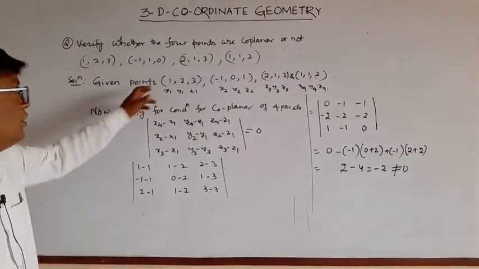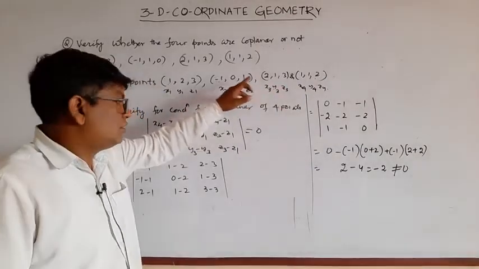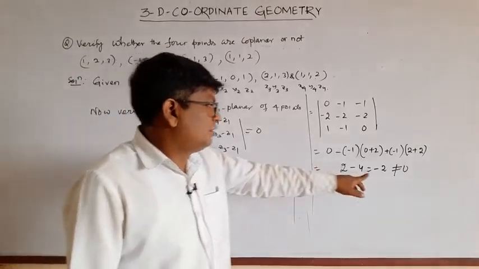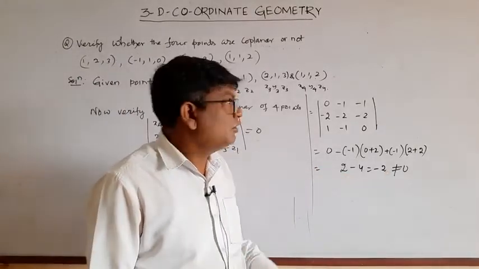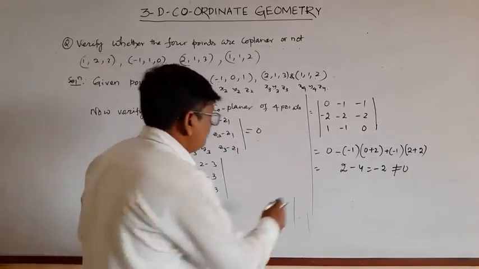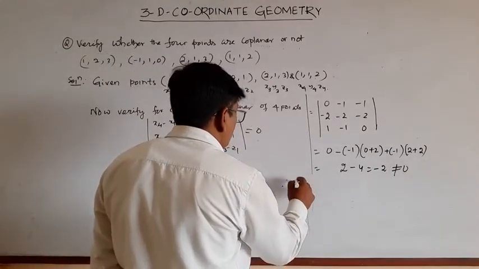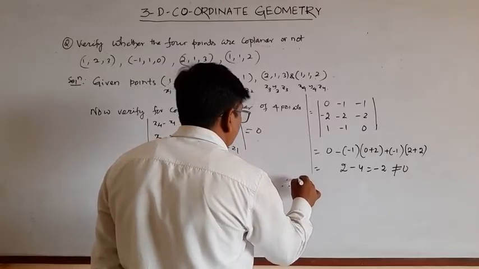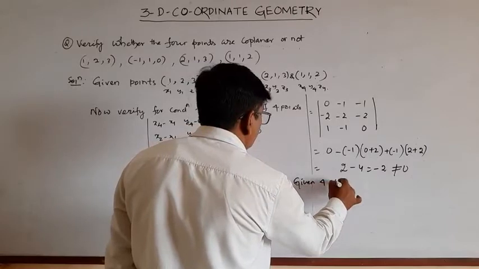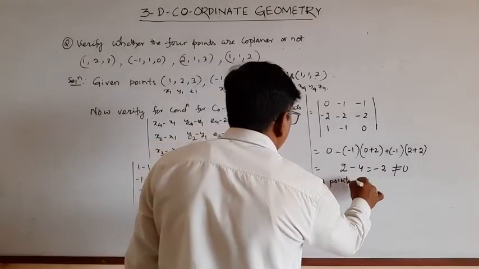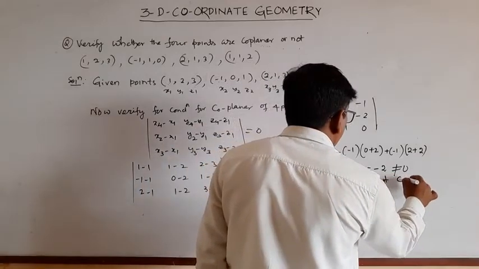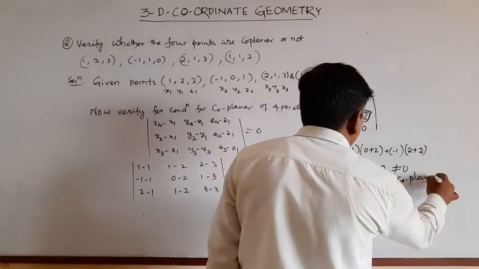Since these points do not satisfy the condition for coplanarity, that is minus 2, which is not equal to 0, therefore the given 4 points are not coplanar.